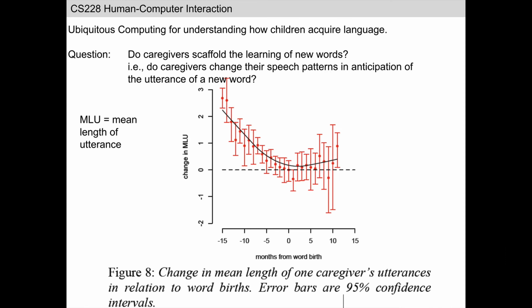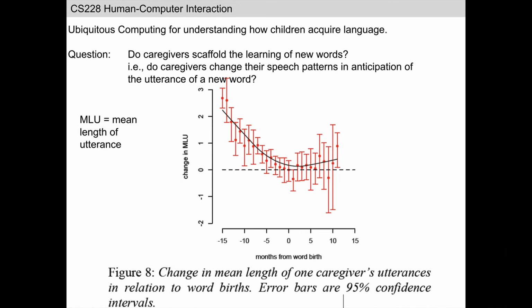So we're then going to march backward in time and ask, is the mean length of utterance different from 2? And you'll notice that in this case, and for all of the words, most of the utterances that contained the word that was birthed at this time were longer than the utterances during the month at which the child birthed the word. So there's a lot of normalization and shifting here. Does this make sense?